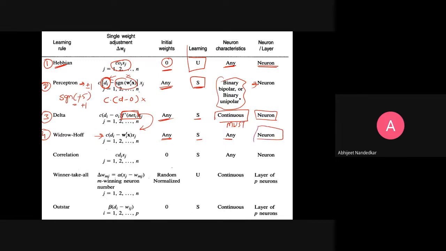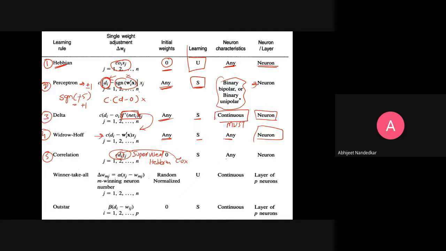Okay, applicable to a neuron. The fifth one is correlation, which is C D X. This is also called supervised Hebbian. You can compare both. Hebbian is C O X, and here O is replaced by D. So this is a supervised version of Hebbian.